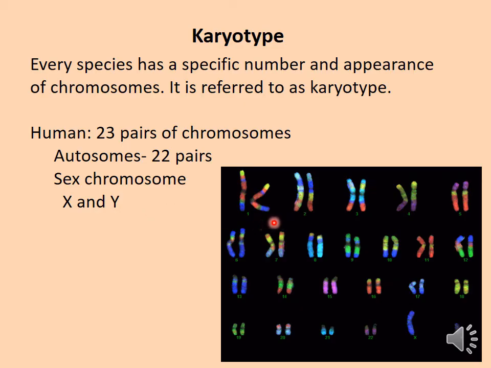As you can see in this picture, different chromosomes have different lengths and different shapes. So the number, the size and the shapes are collectively called the karyotype of that particular species.